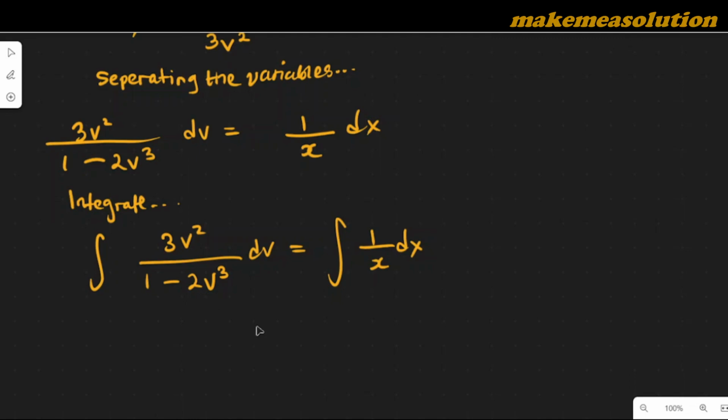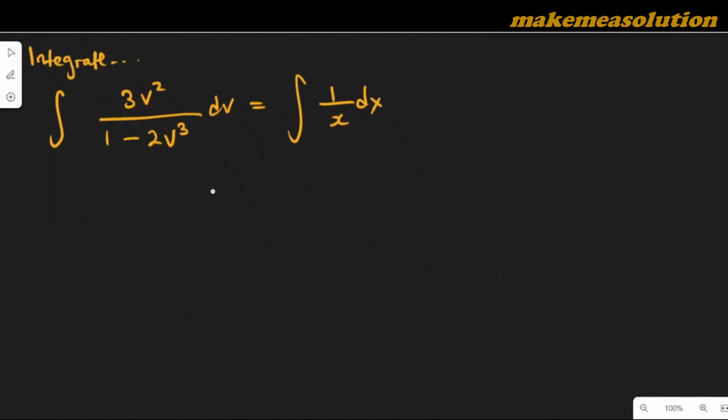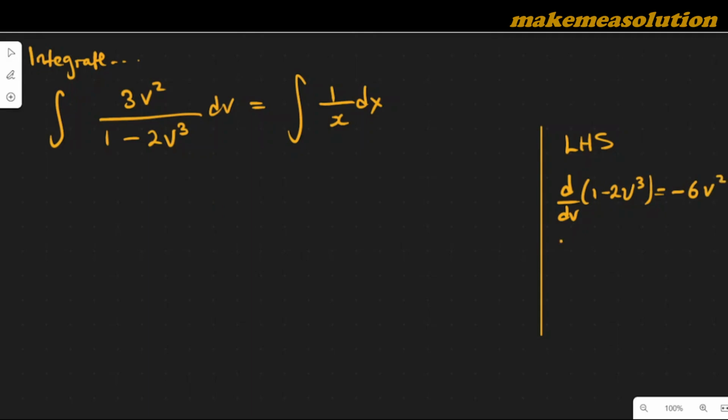Alright, so let's consider the left hand side and see what we'll get. For the left hand side, the denominator is 1 minus 2v cube. So assuming we want to differentiate the denominator with respect to v, what we are going to get is minus 6v squared. Is that okay? Minus 6v squared. In other words, d of 1 minus 2v cube is actually going to give me minus 6v squared dv.